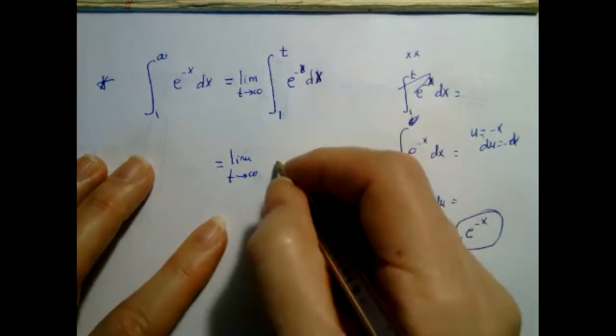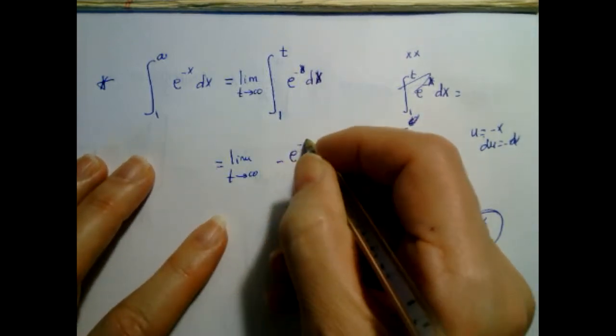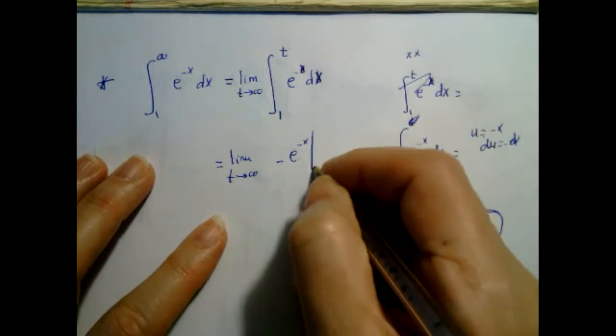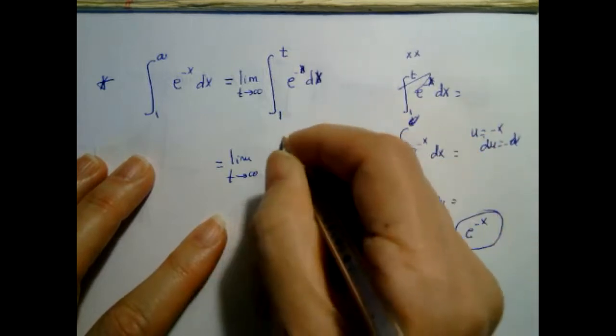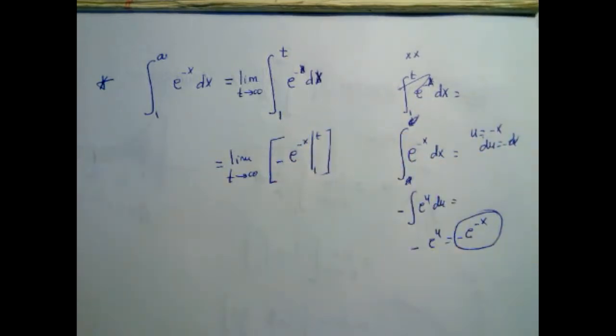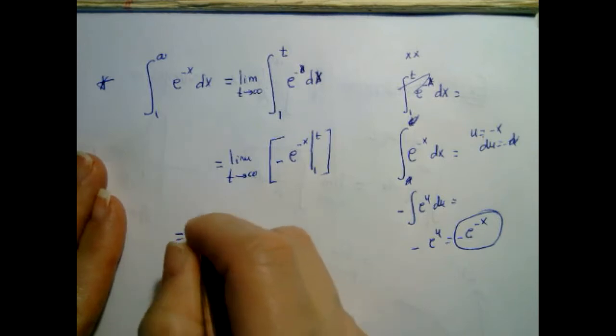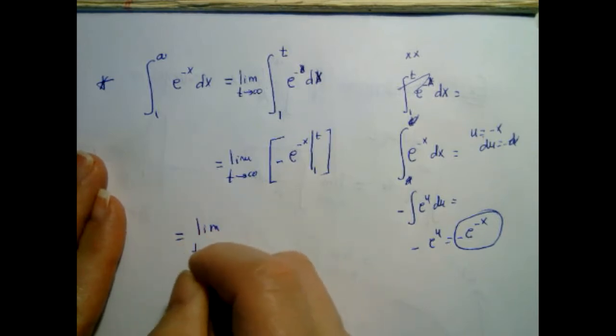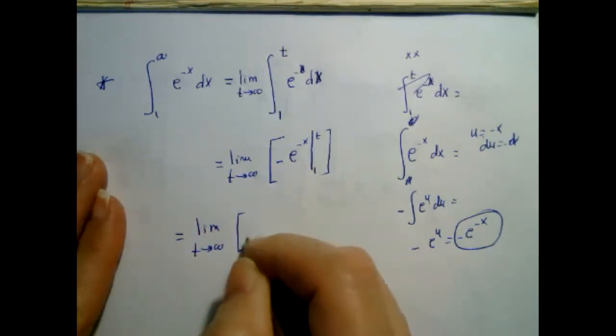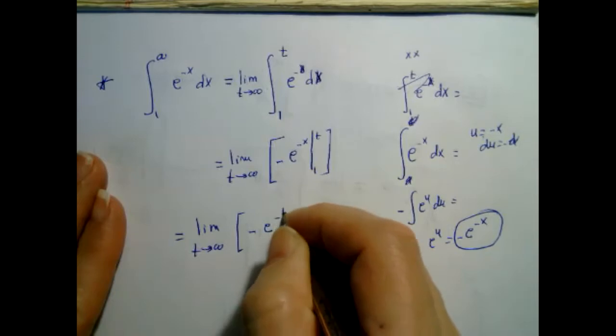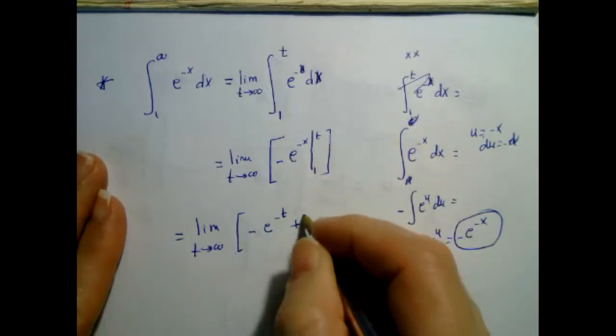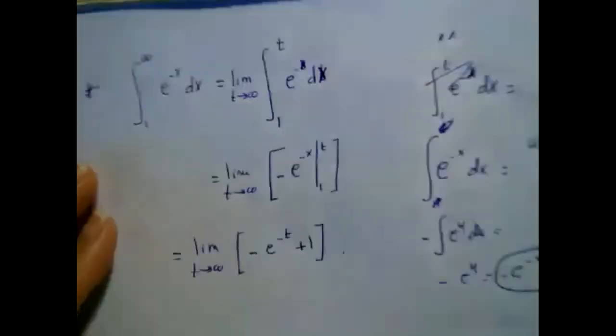Be careful. I evaluated the limit on this side to make things easy for us. So it's equal to the limit as t goes to infinity of minus e to the minus t, minus minus, plus 1.